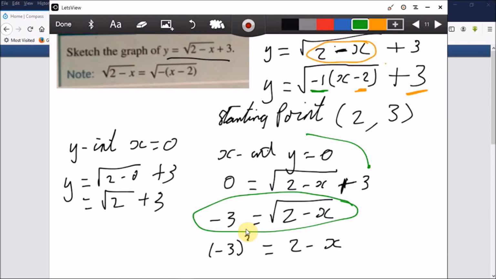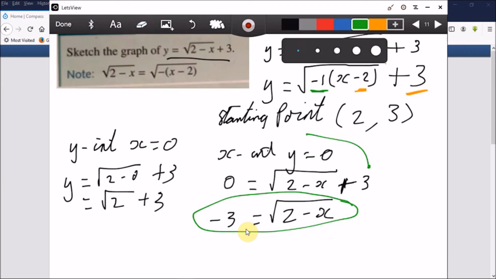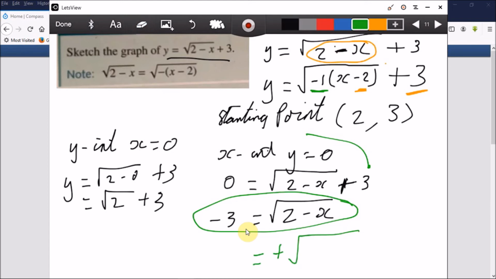What this line says is that the positive square root of some number is equal to negative 3.